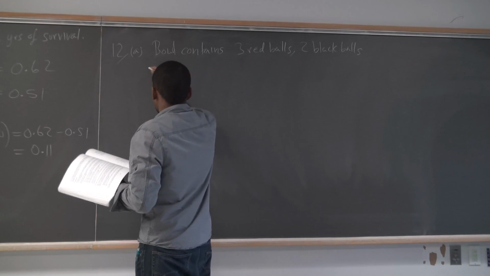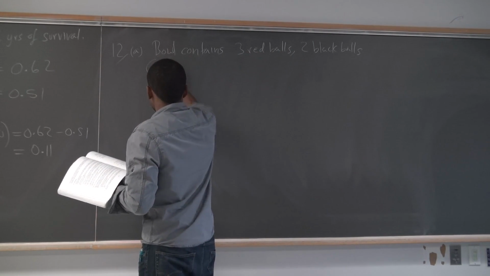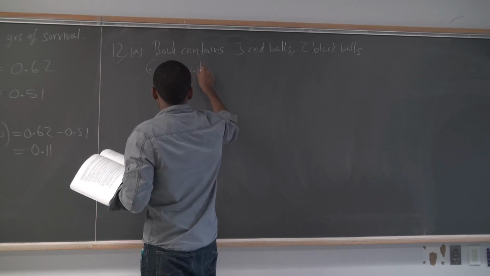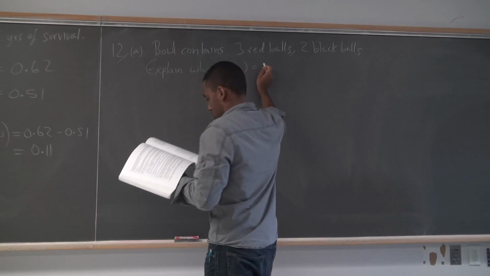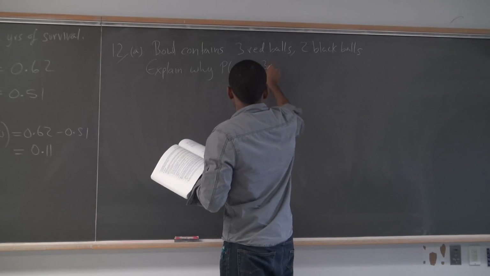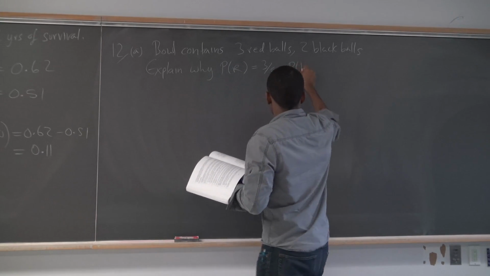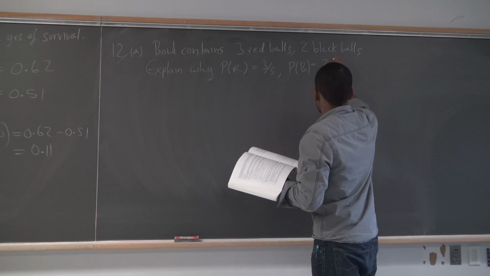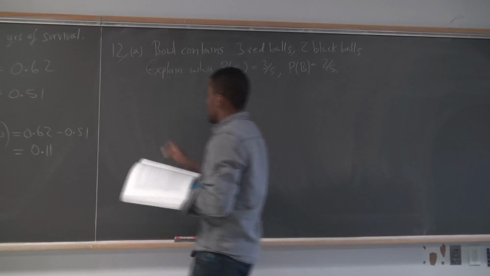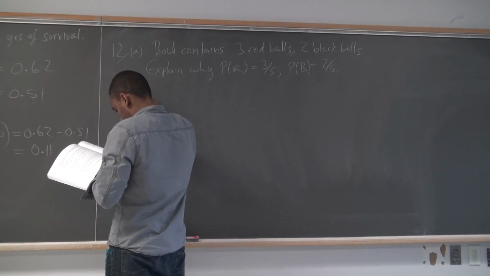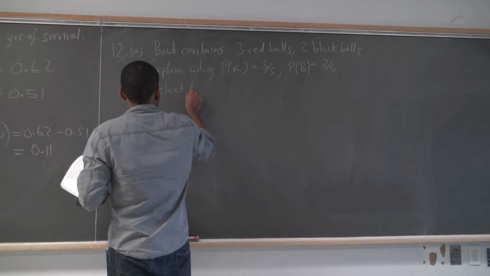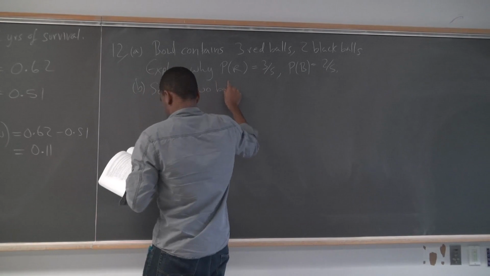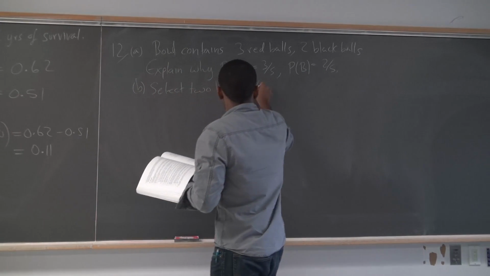Well, the first one is to explain why the probability of a red ball is 3 out of 5. Probability of black is 2 out of 5. B. Without replacement.